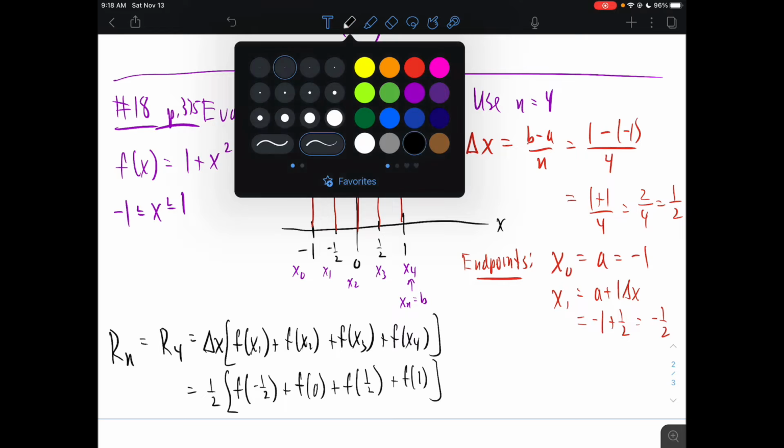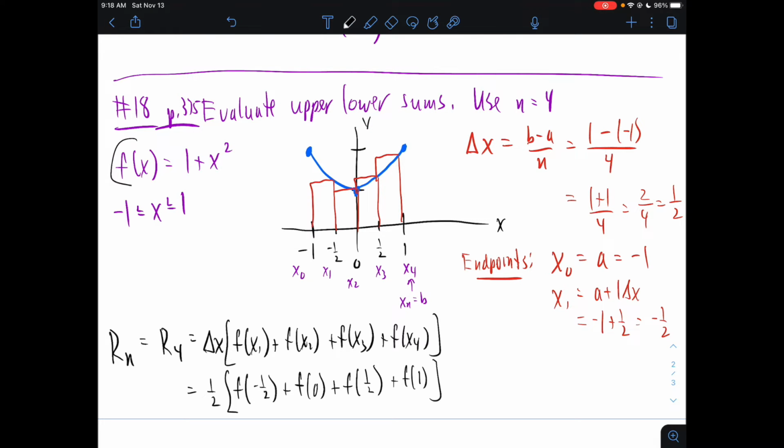So how do we find our function values? Well, I've got a function right here. I just plug my numbers in. What do I get when I plug in -1/2? Well, -1/2 squared is 1/4. 1/4 plus 1 is 5/4. We already know what we get for 0. That's just going to be 1.